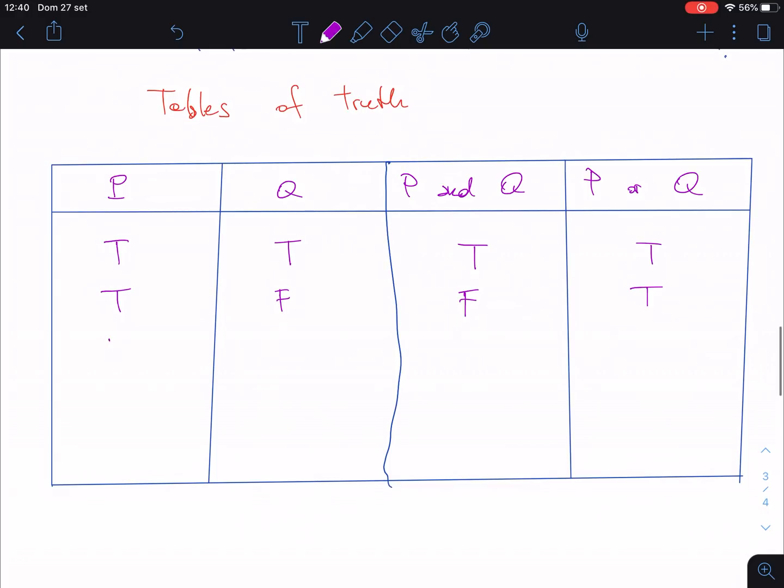Vice versa, if P is false and Q is false, then P and Q is false, P or Q is false. And the last, P false, Q true, P and Q false, P or Q true. So the idea is P and Q means both statements are true, P or Q true means at least one of the two statements is true.